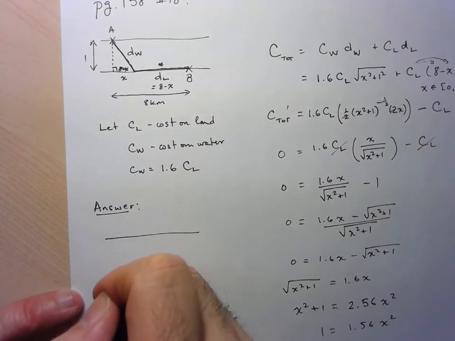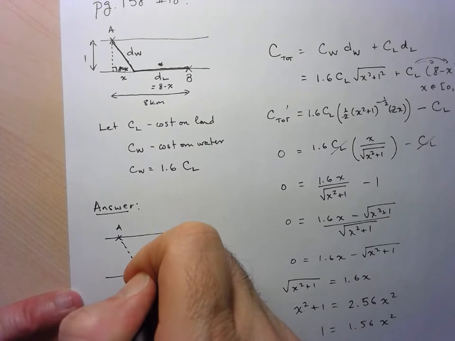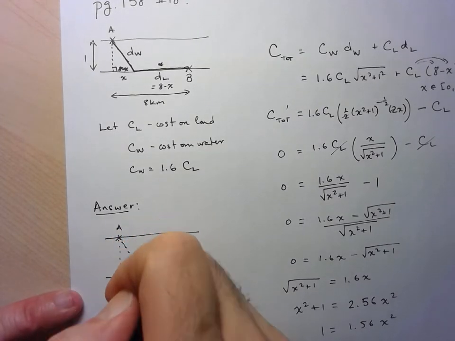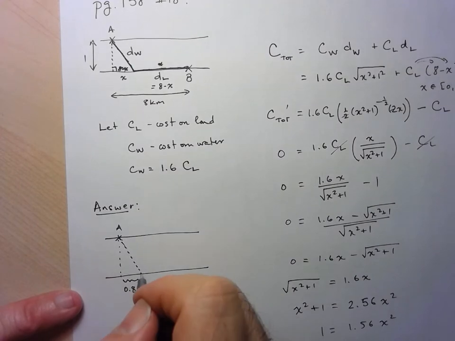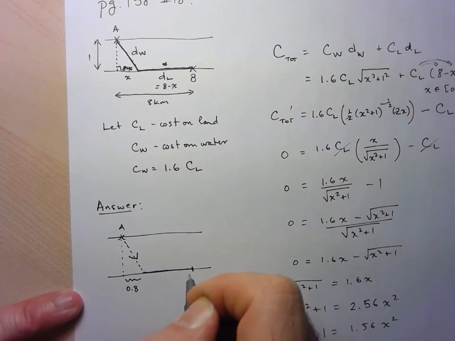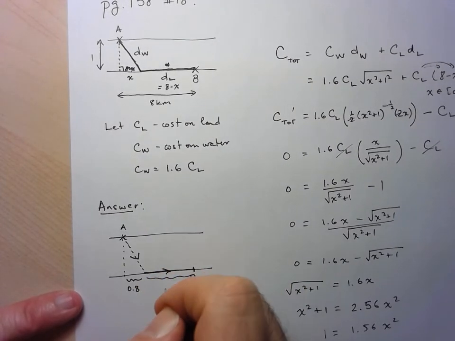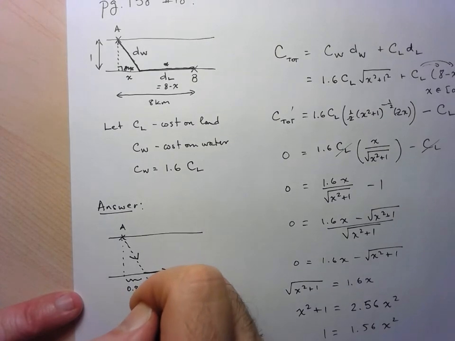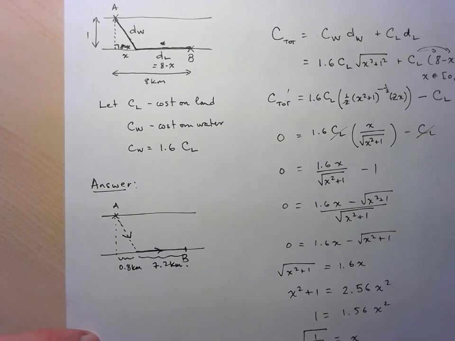From A, I'm going to go across the river so that this distance is 0.8, and then I'm going to go to B, and this is going to be a distance of 7.2, and I should put the units, kilometers.